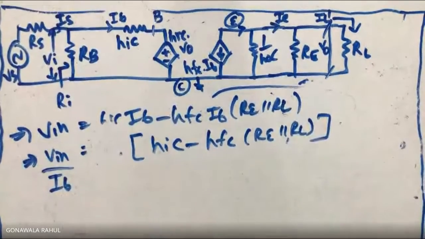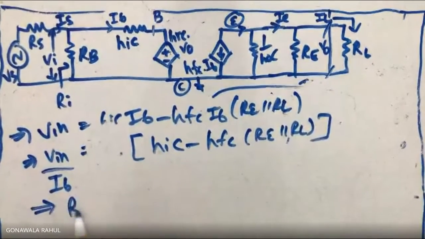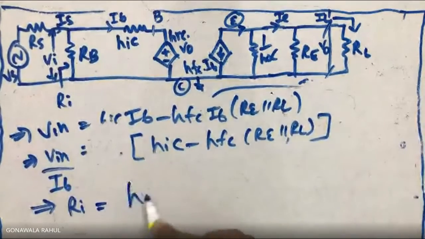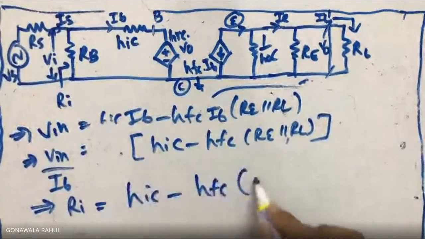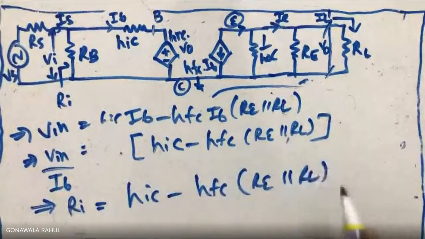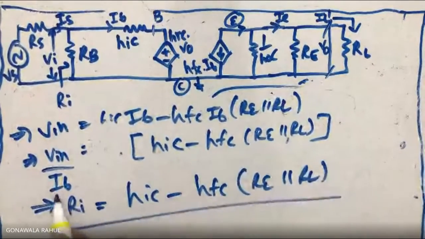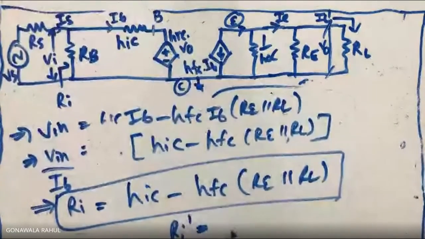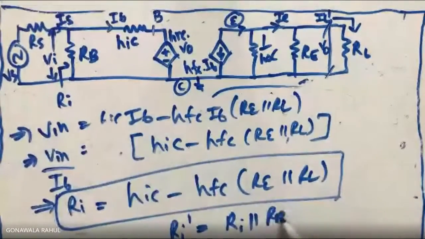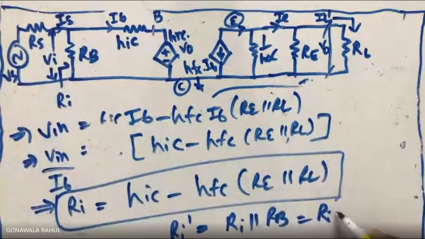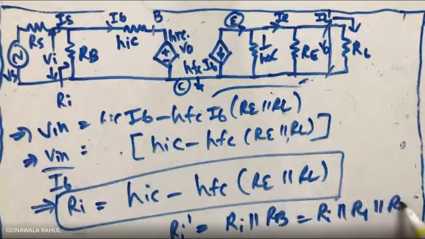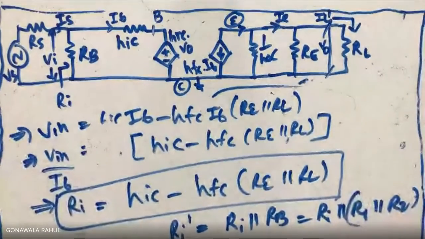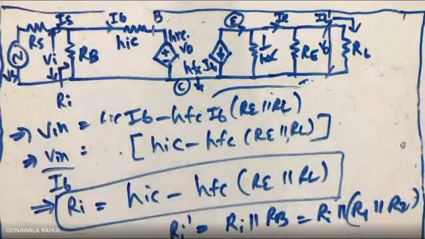V by I is what? R. So this is my Ri. So Ri is equal to HIC minus HFC into RE parallel RL. Clear? And Ri dash, the input impedance for the entire circuit, will be nothing but Ri parallel Rb, and Rb is R1 parallel R2. So that is Ri dash.